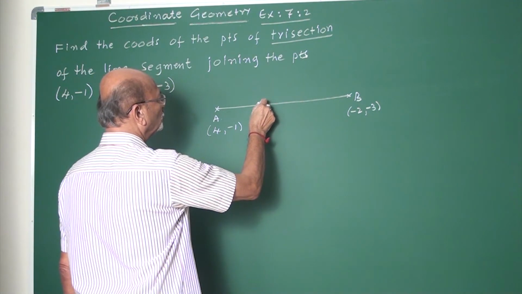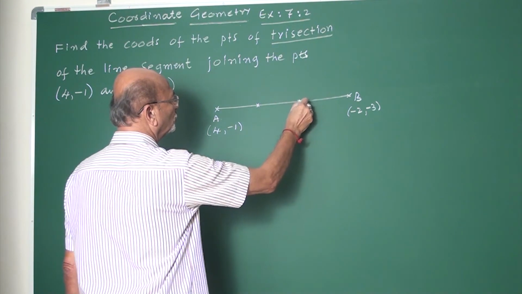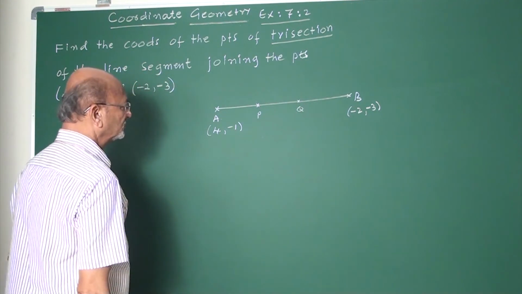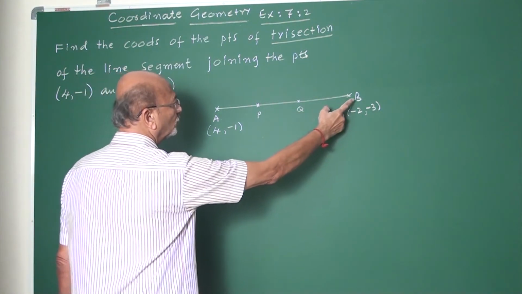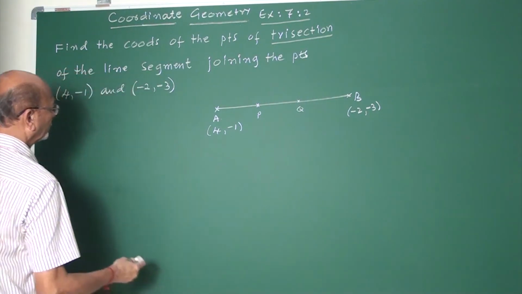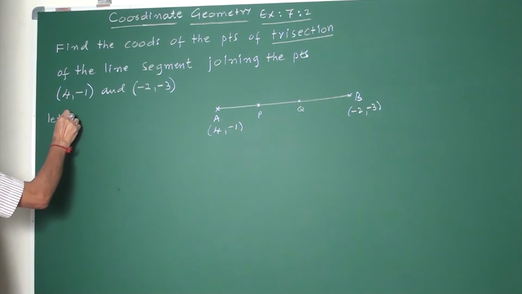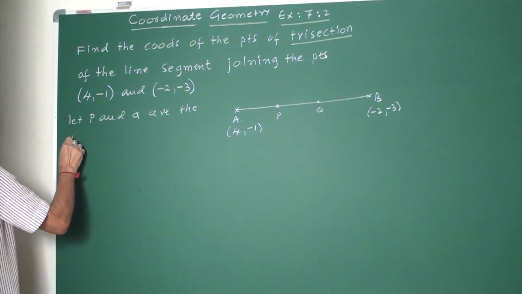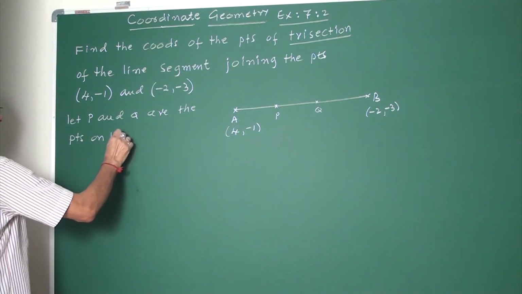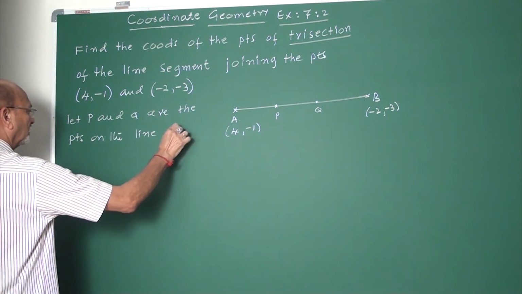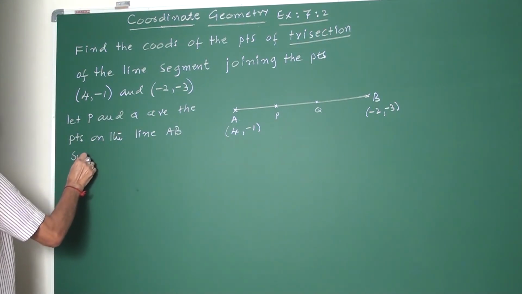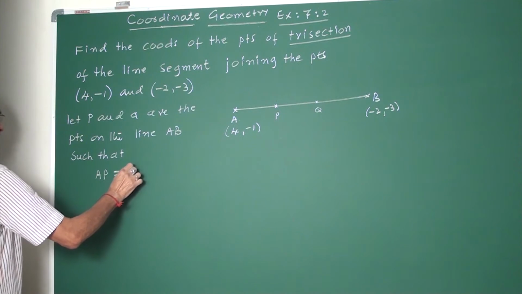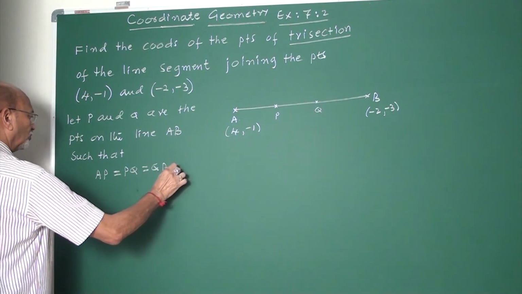Let P and Q be the points on the line AB internally, such that AP equals PQ equals QB equals 1 unit.